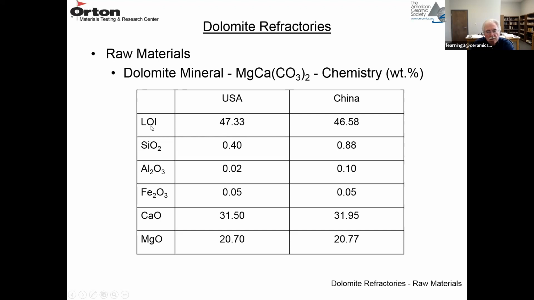The loss on ignition, when you drive off the CO2, when you decompose the carbonates, is almost half of the weight. So this is 47 and 40, almost 47 again, weight percent comes off as CO2. Then you end up with about 31 or 32% CaO and about 20% MgO, and silica, alumina, and your iron oxides are your typical impurities.